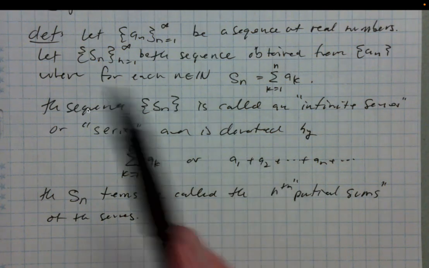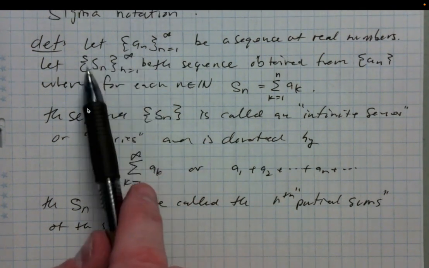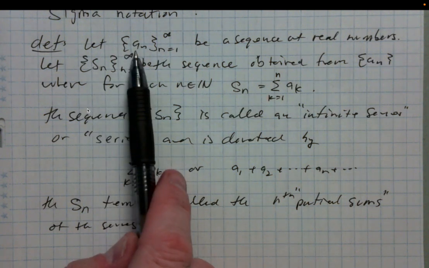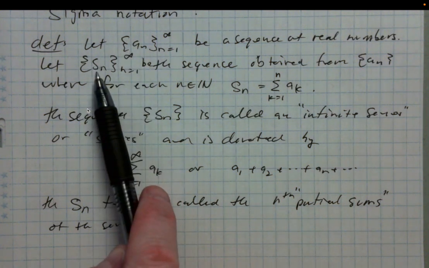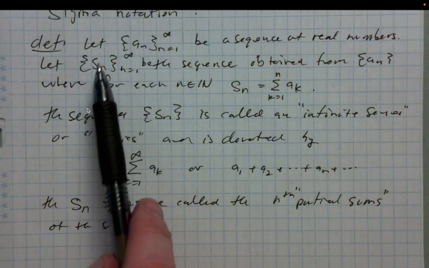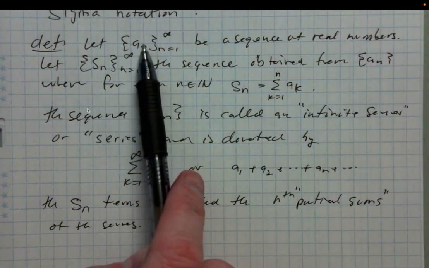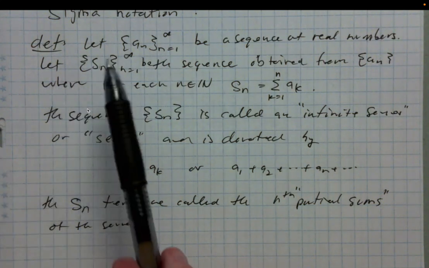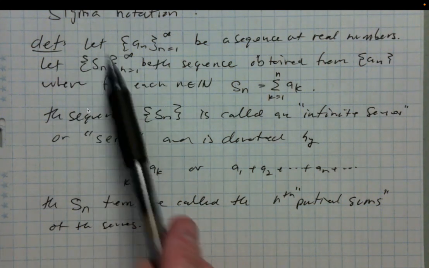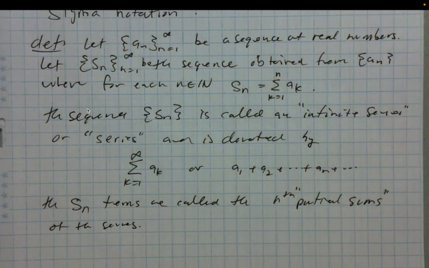If you think about it, s1 is just a1. s2 is a1 plus a2. s3 is a1 plus a2 plus a3, and so on. So these are the nth partial sums of the terms of this sequence. And this sequence together is called an infinite series, or just a series.